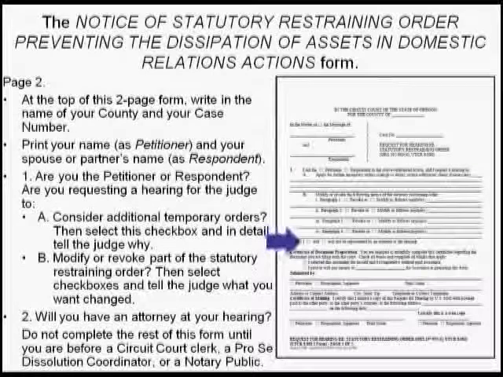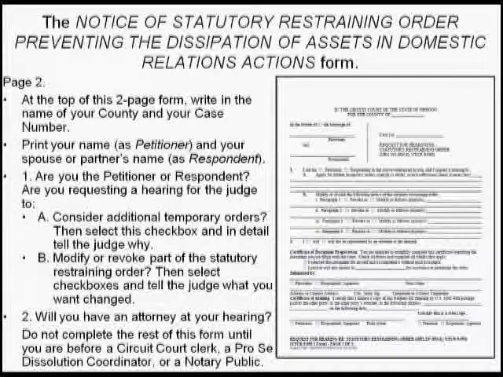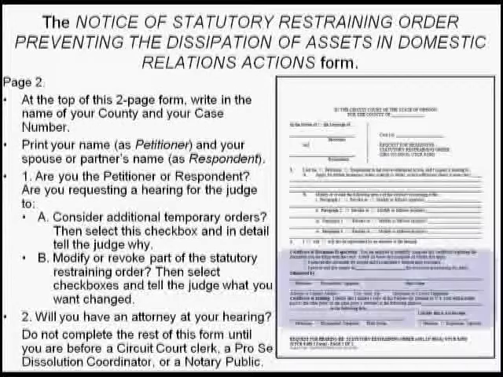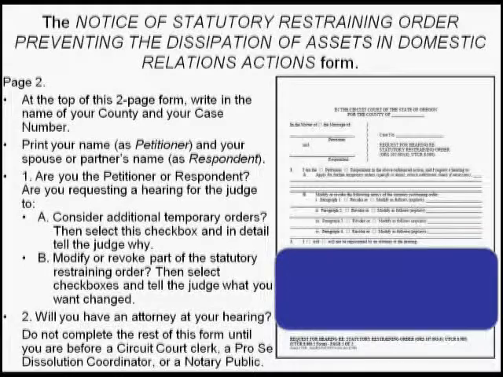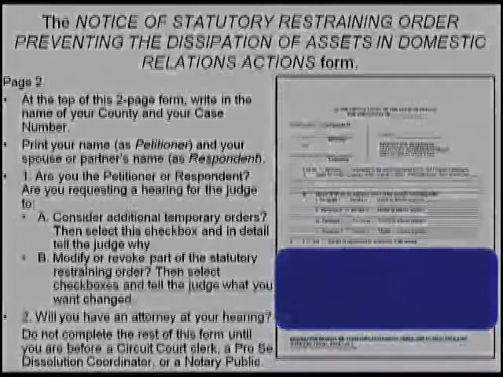Will you have an attorney at your hearing? Do not complete the rest of this form until you are before a circuit court clerk, a pro se dissolution coordinator, or a notary public.